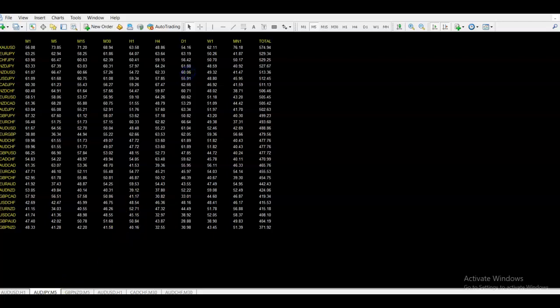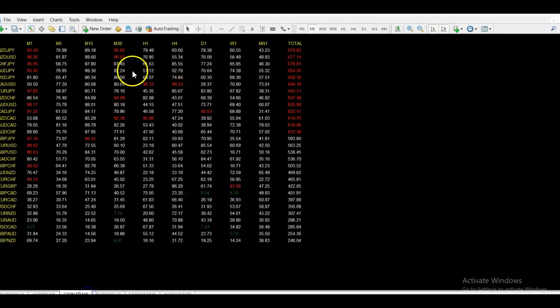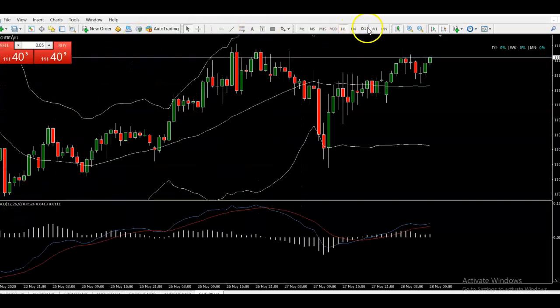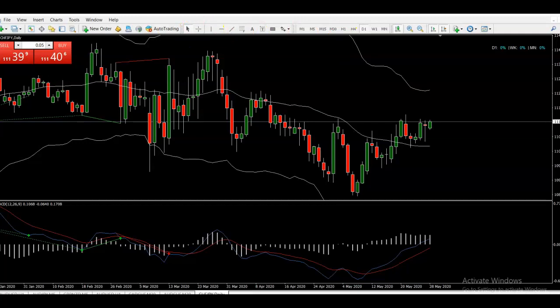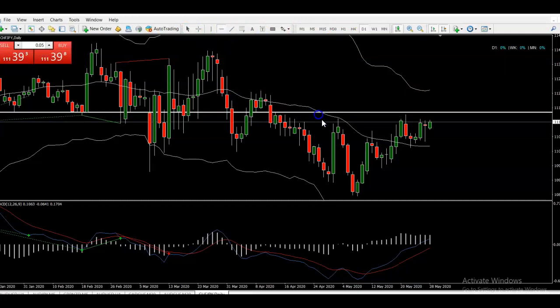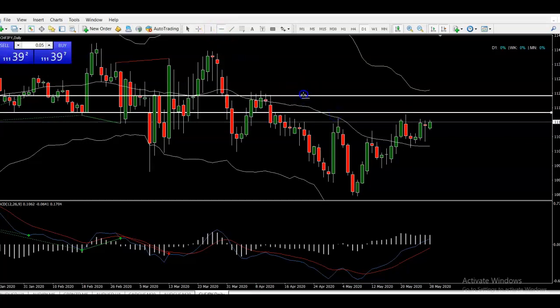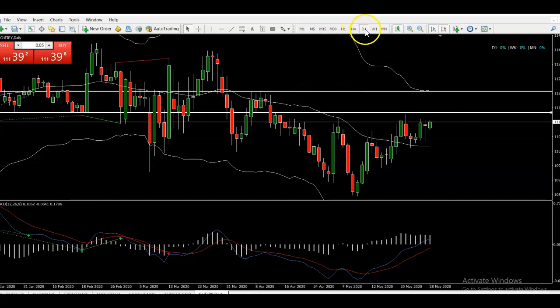Let's have a look, see if there is any resistance, possibly up here. So today, if you can see on the daily, this was a reaction area before on the daily chart.